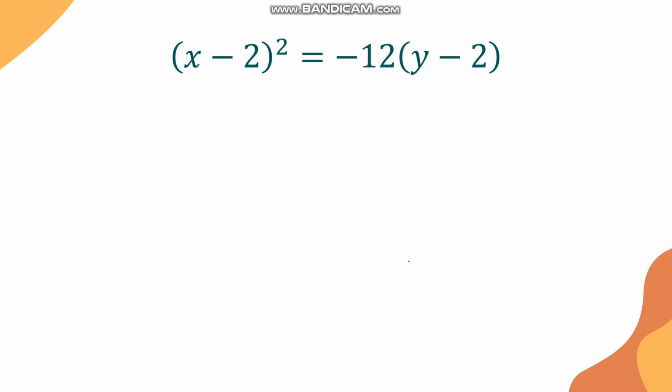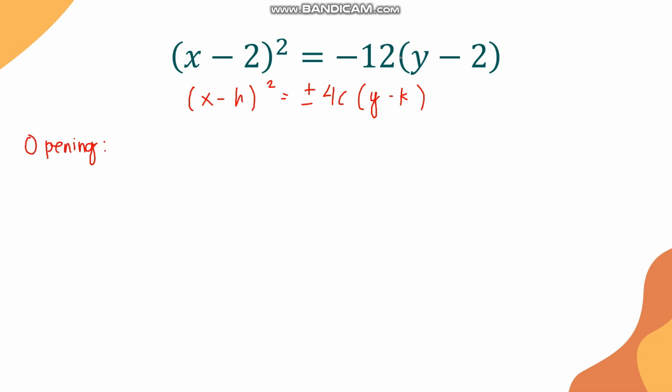Next, we have (x minus 2) squared equals negative 12 times (y minus 2). Obviously, it follows the form of (x minus h) squared equals positive or negative 4c times (y minus k). And from here, we can already identify the opening of the parabola.